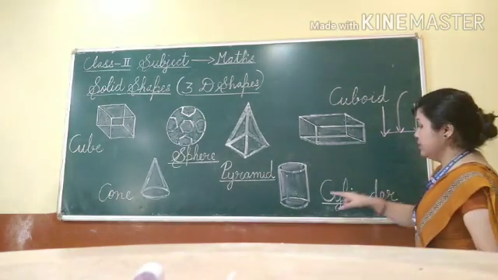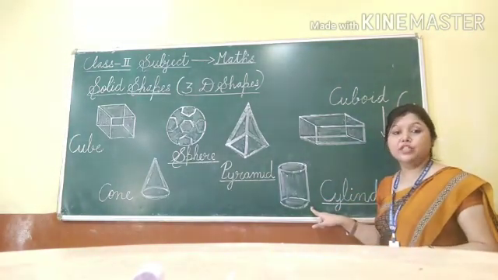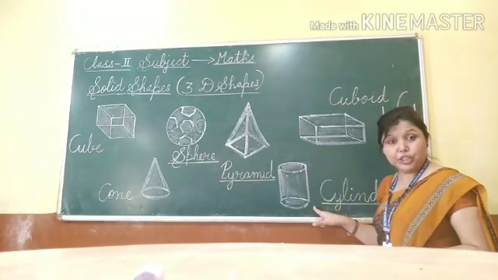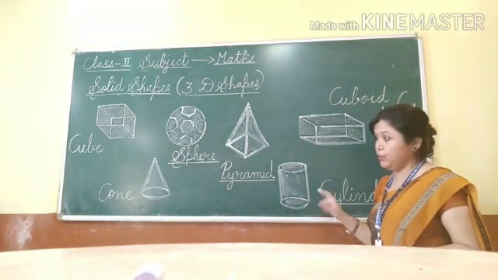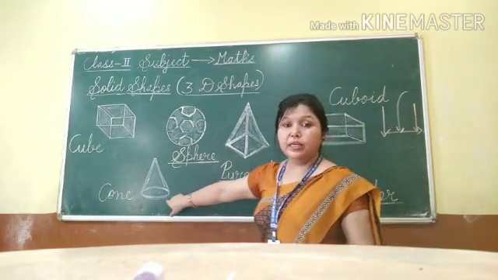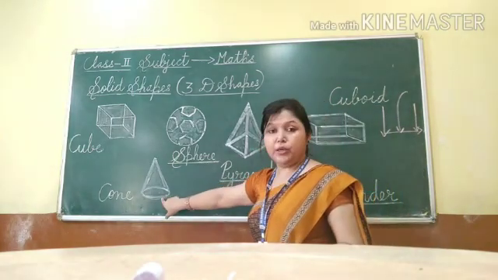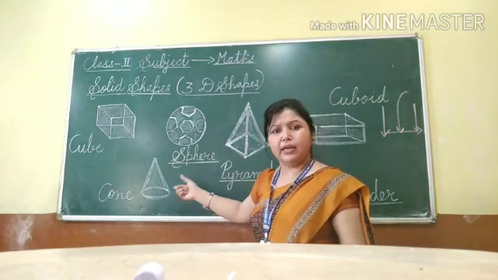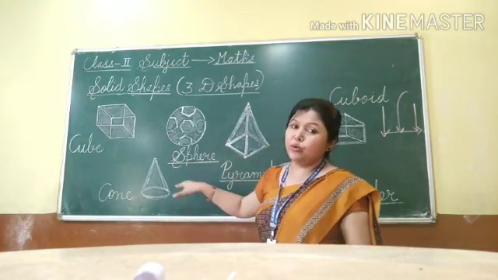This shape is cylindrical shape, you can see I have made on the board. Now come to this shape. This is the 3-dimensional shape of a cone and it is also known as cone.